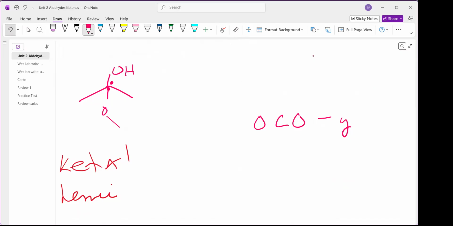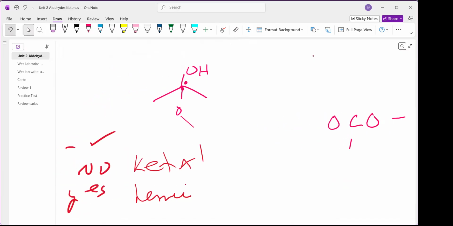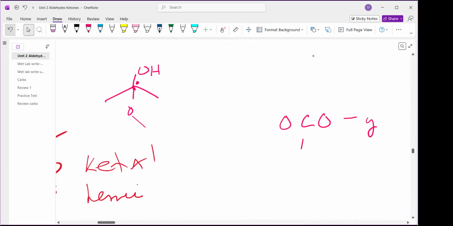Step number two. Is there H attached to the anomeric carbon? Yes or no? If it's yes, that means it's an acetal.